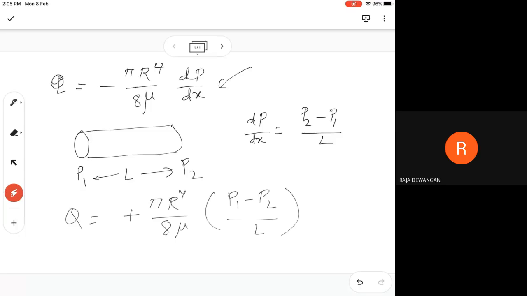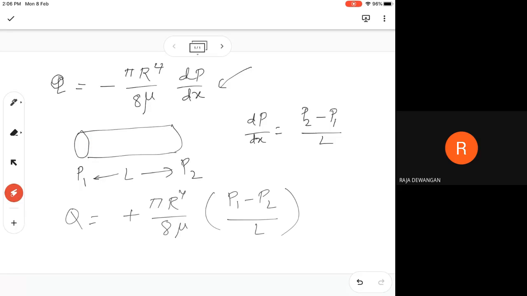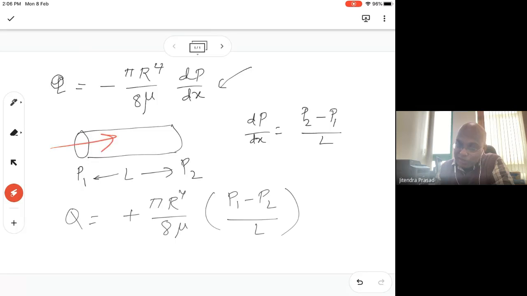Sir, actually this Q will be Q2. It depends on how you are looking at it. Let us say this one should be Q1, equal to P1.